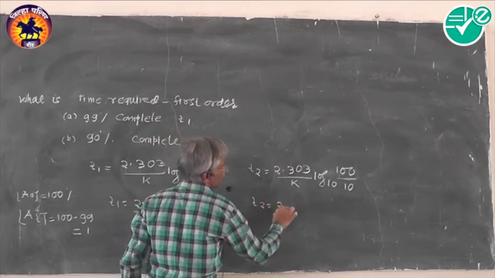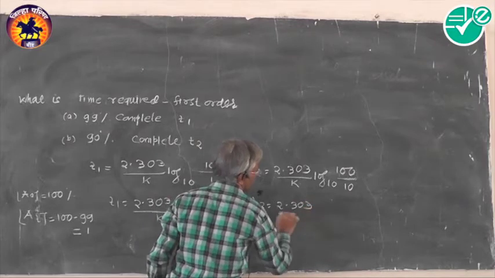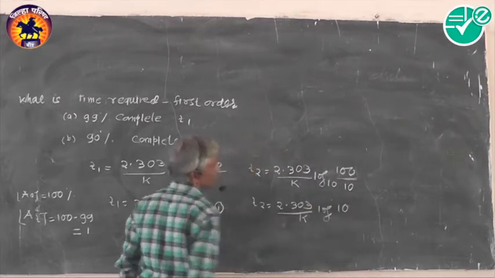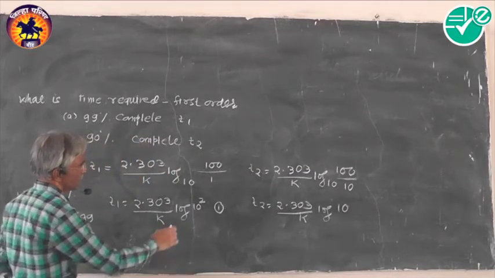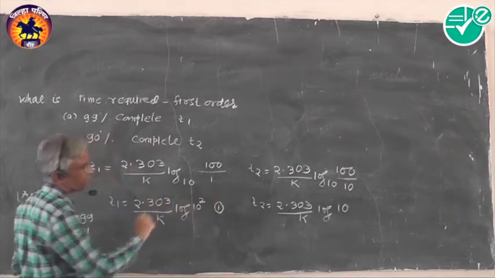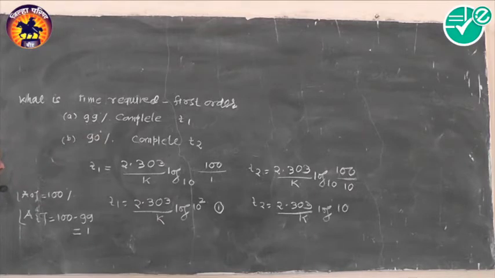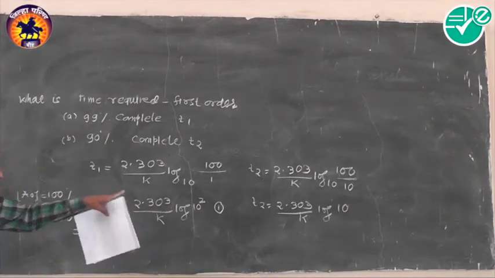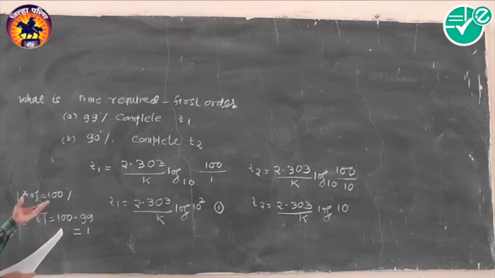T2 will be equal to 2.303/K log of 10. Now automatically we know that this is T1 and that is T2, and now we can compare.